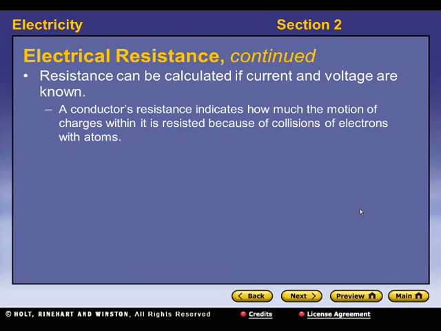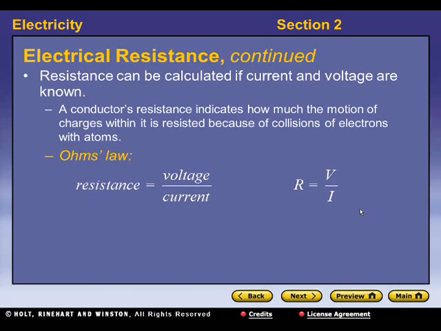So resistance can be calculated if current and voltage are known. A conductor's resistance indicates how much motion of charges within it is resisted because of collisions of electrons with atoms. There's something called Ohm's law, which is a relationship of voltage to current, and that gives you the resistance.